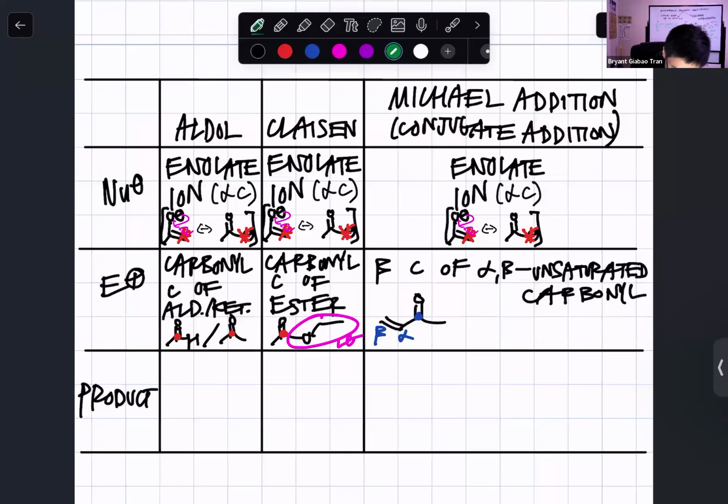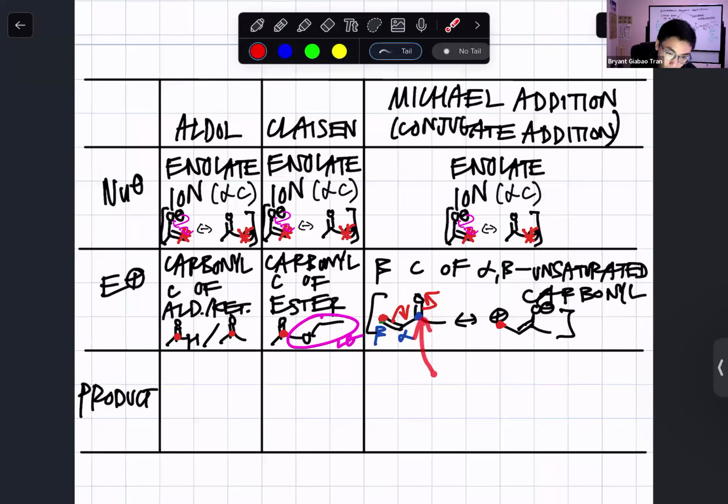There's two possible electrophiles here, the carbonyl carbon or the beta carbon. The beta carbon is the better, stronger electrophile, because when we draw out the resonance structure of that alpha beta unsaturated carbonyl, we see that there is a full-on positive charge on that beta carbon.